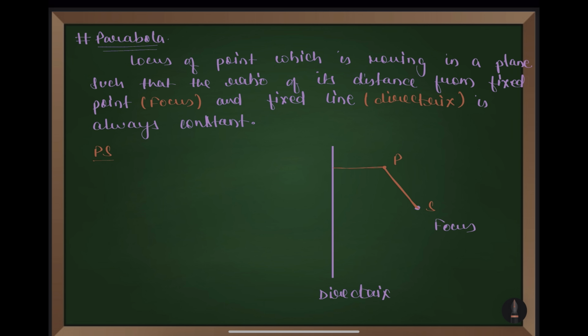So this is the distance from the fixed line, suppose it is M. So PS by PM. And for this chapter we have a special name for this ratio. We call it eccentricity, or E. So if I talk about E, I'm talking about PS by PM, the distance of the point from the focus and the distance of the point from the directrix.